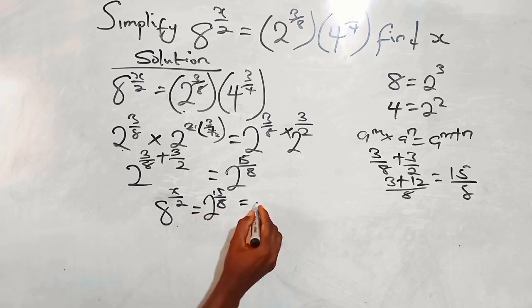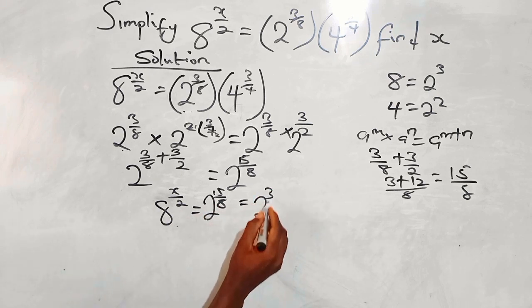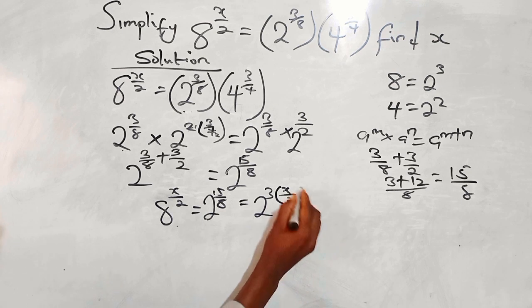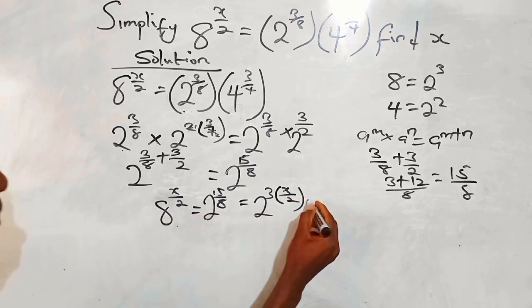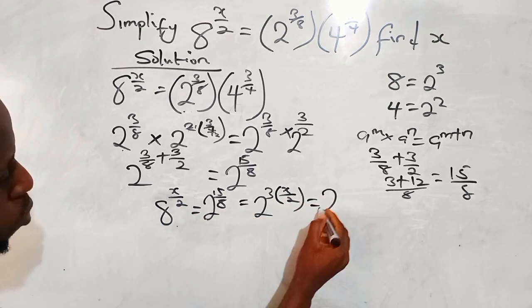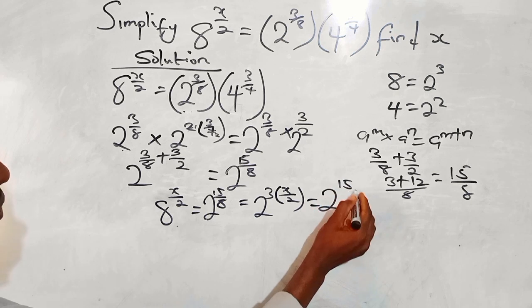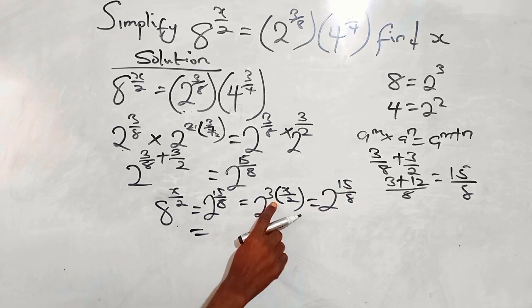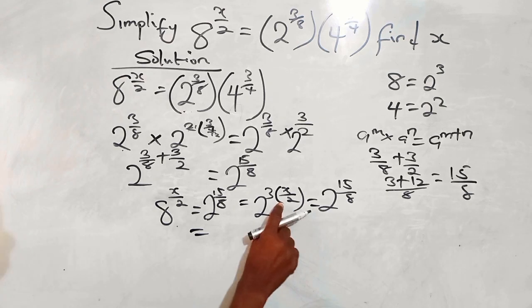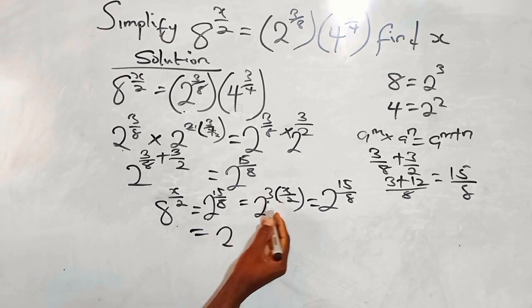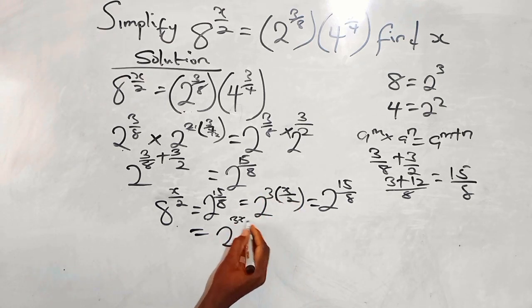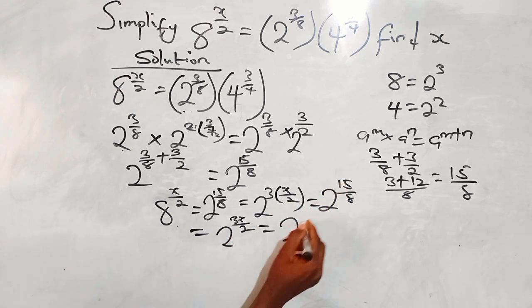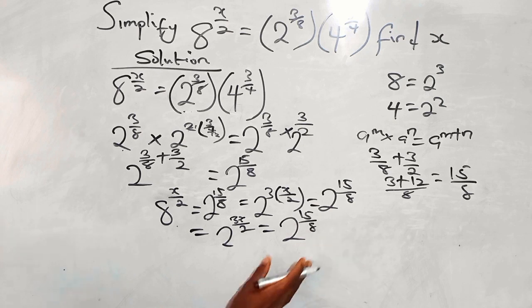So we have (2^3)^(x/2) = 2^(15/8). From here, using the exponent law, I can open this up: 2 to the power 3 times x over 2, which is 3x over 2, equals 2^(15/8).